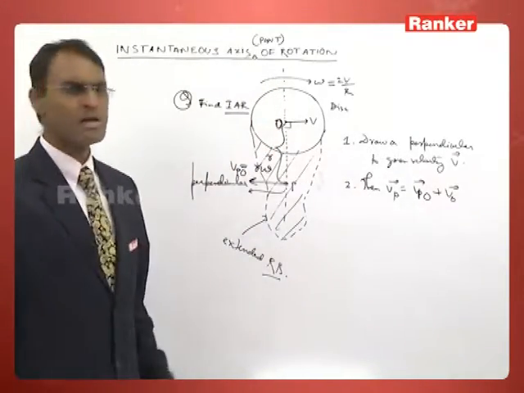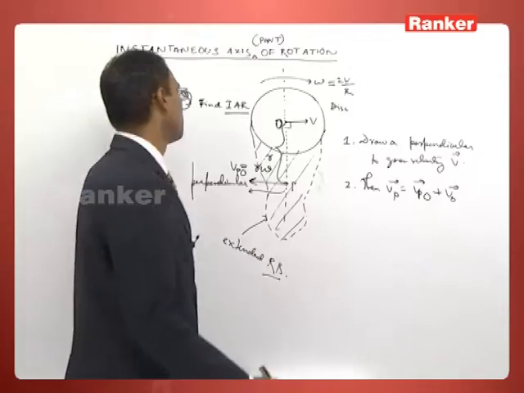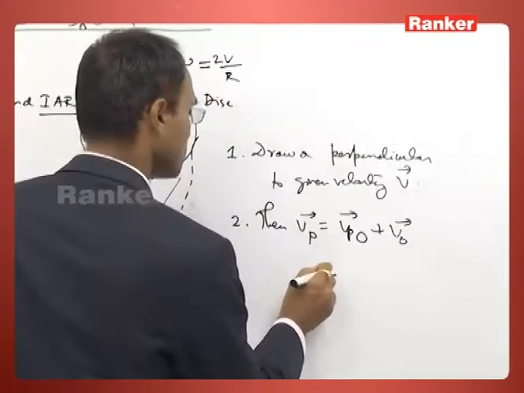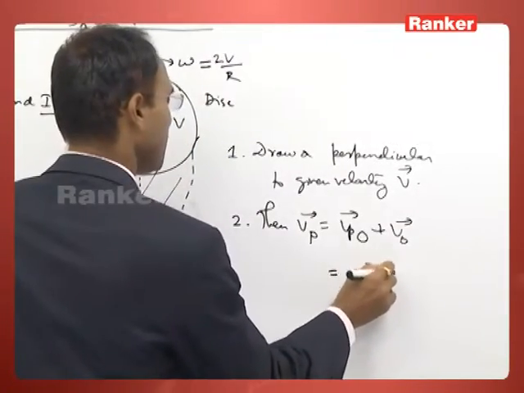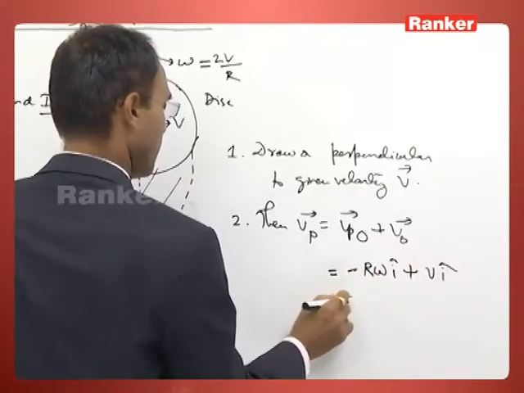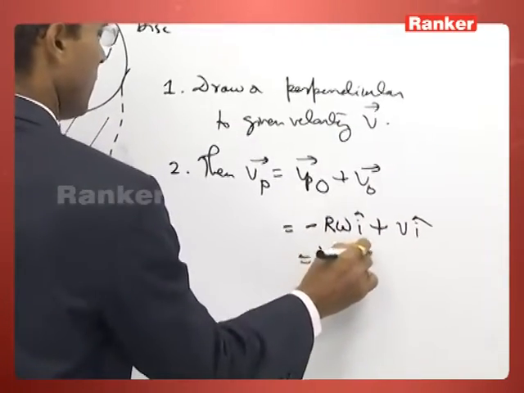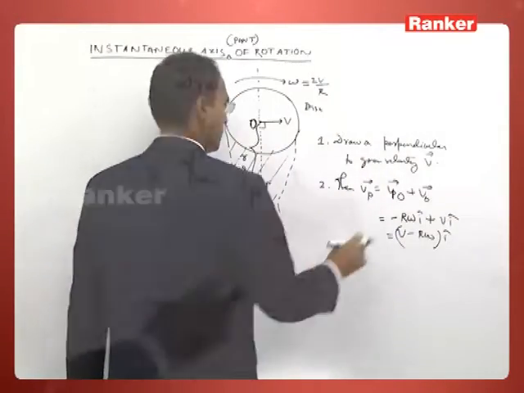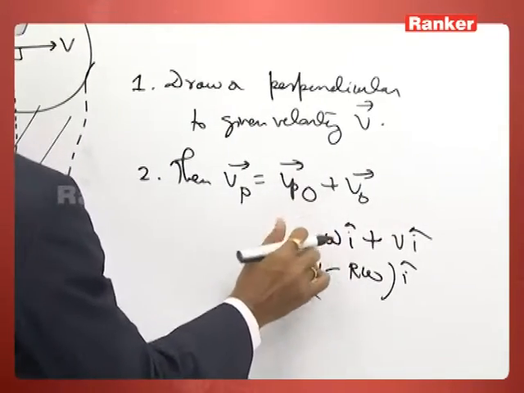O may not be the center of mass, may be any other point. But here the center of mass velocity is given. Vpo is equal to minus r omega i cap and Vo is equal to V i cap. So you are getting minus r omega plus V i cap. This is not capital R, this is small r.